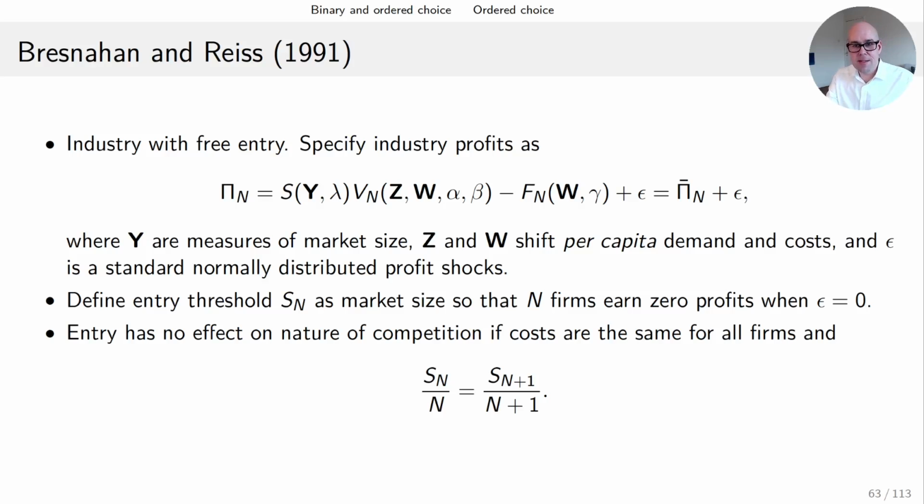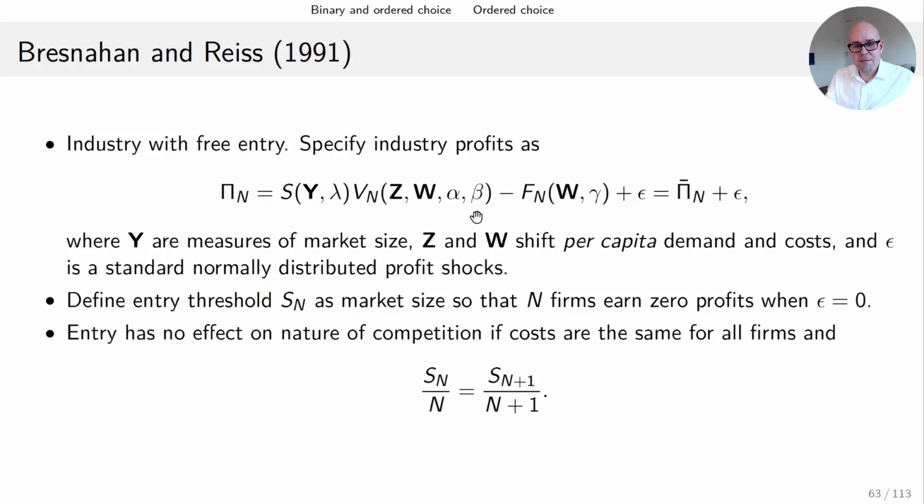So what they do is they specify industry profits in the following way. They say industry profits when there are n firms in the market are the market size, and this would be the number of people who are around, the population.